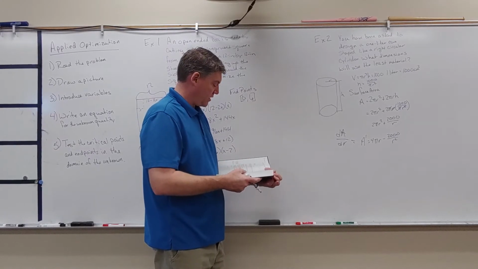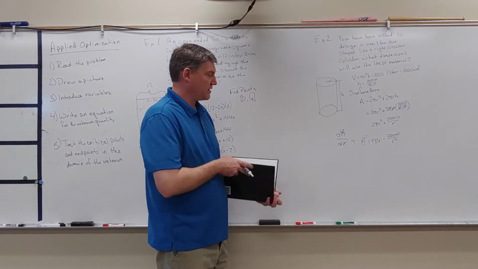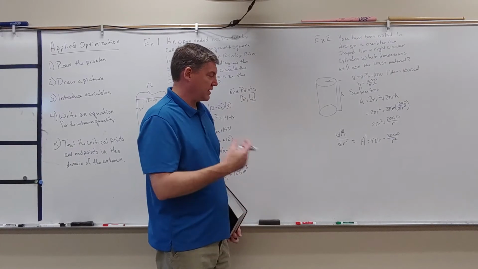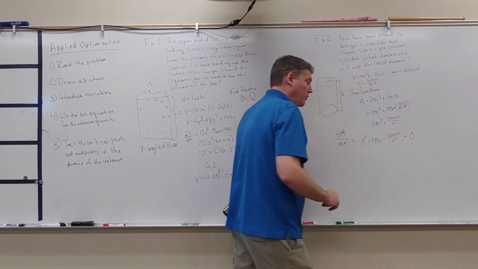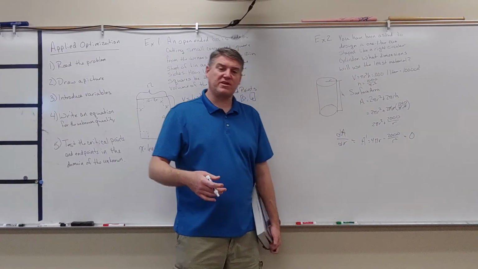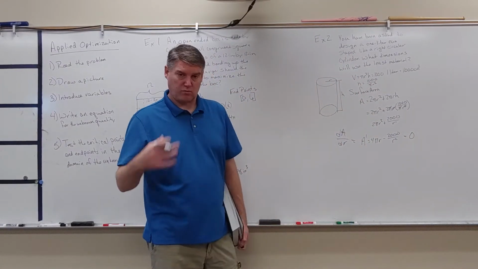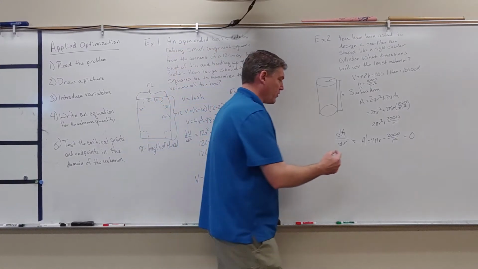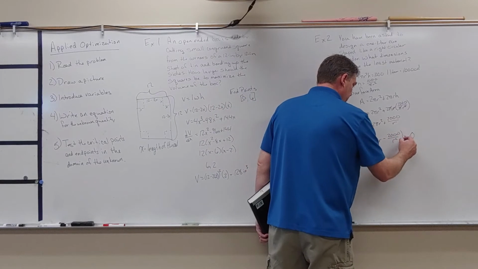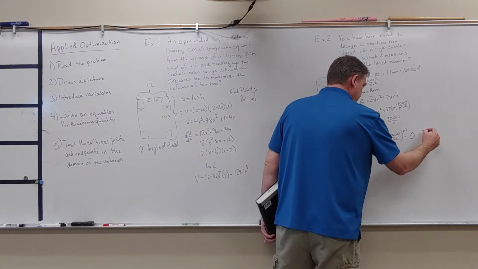Now I am going to set this equal to 0 and solve. I understand most of you don't like working with fractions, so let's get that fraction out of there. We're going to multiply both sides by r squared.